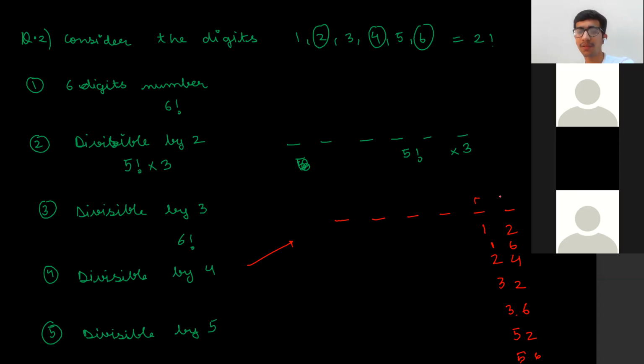So 8 ways are possible. अब इसको 2 factorial से multiply मत कर देना क्योंकि अगर तुम 12 को rearrange कर दोगे तो 21 is not divisible by 4. So जो हमने last digits लिखी हैं यही possible हैं. So 8 ways to fill the last two places, and for the rest of the places we can do it by 4 factorial. So it will be 4 factorial into 8.